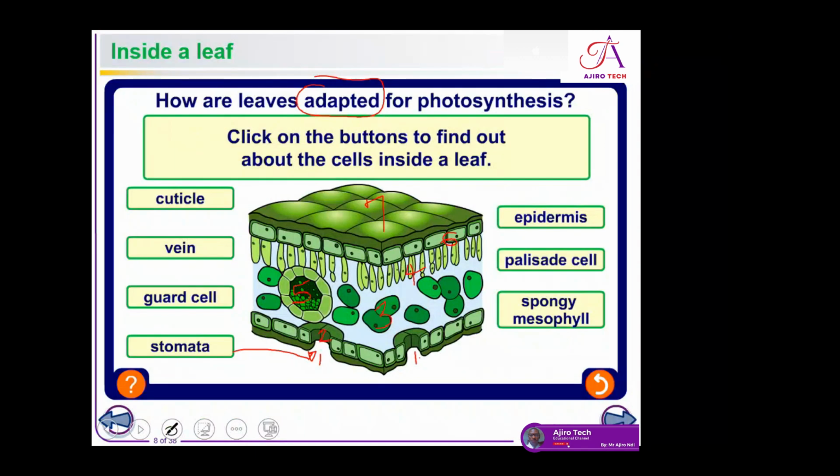Correct. One is the lower epidermis, so this is two, the stomata. Three is the spongy mesophyll. And four is the palisade layer.